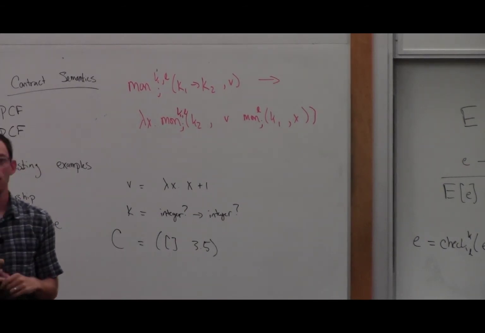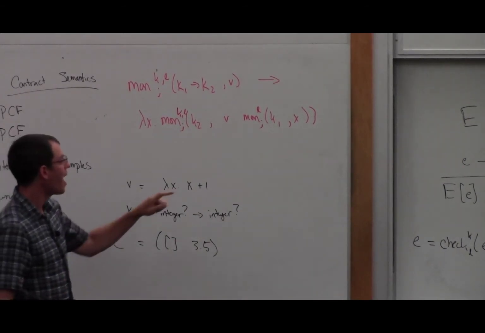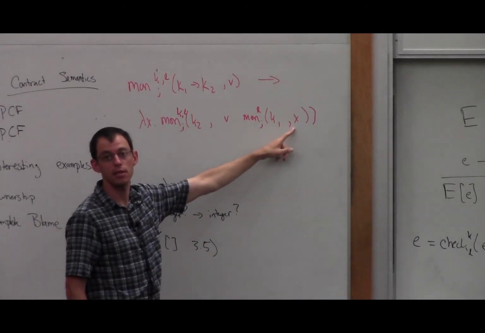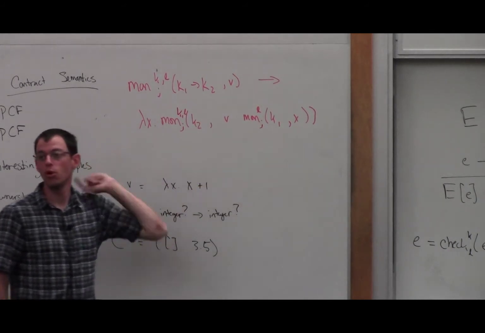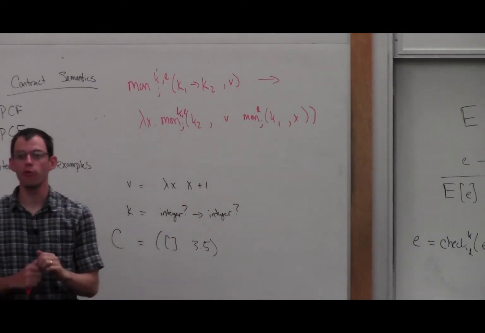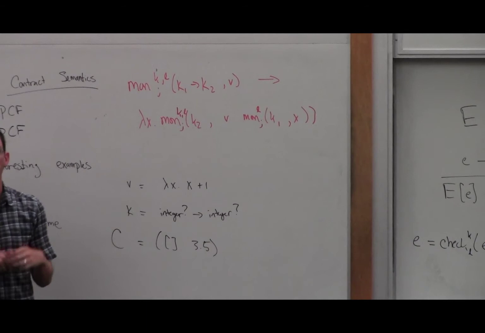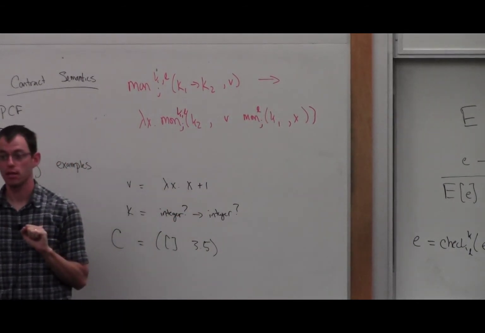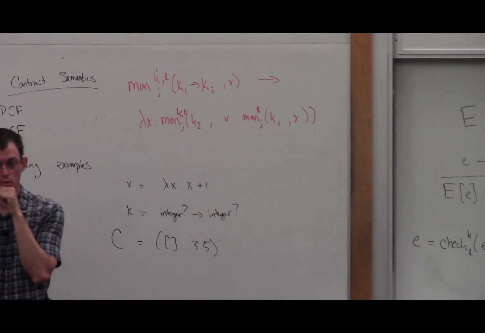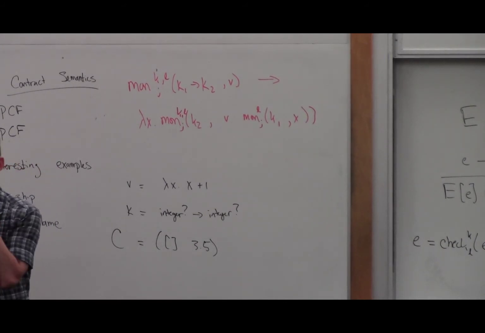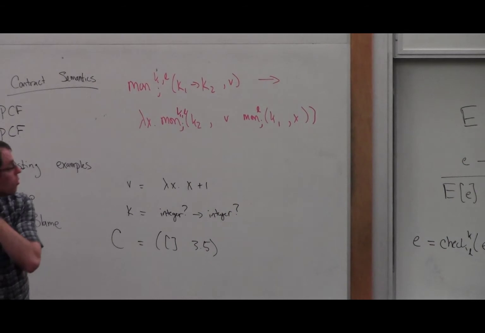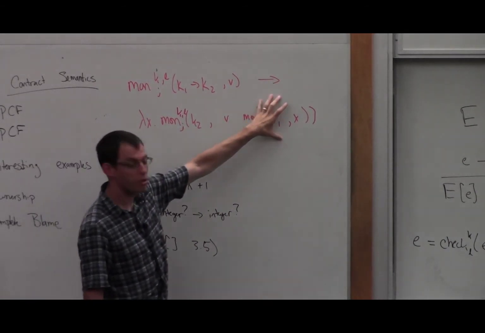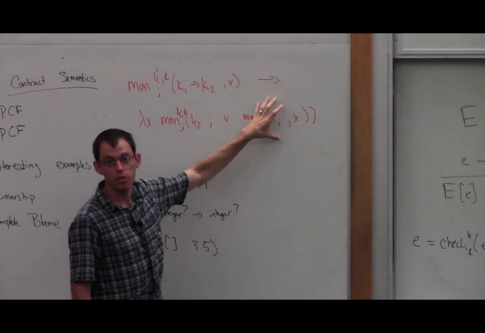And now x is a value from the context. But now it's the value. Who's responsible for the context that this monitor is going in? What was that? So what are we doing with this monitored expression?